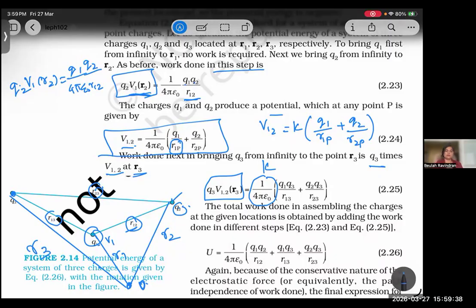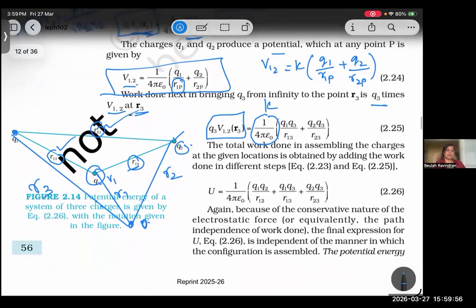Then K into Q1 Q3 by R13 plus Q2 Q3 by R23. So both will be taken, R13 and R23.